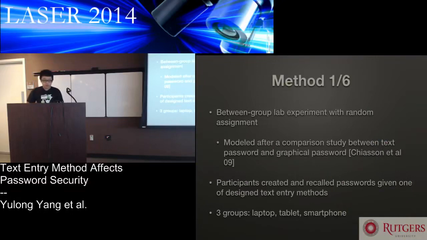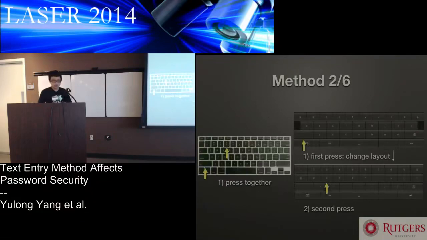So we have 3 groups: laptop, tablet, and smartphone groups. You could see from the name that they are mostly determined by the text-centric method we provided. And next, I'm going to talk about how we designed the text-centric methods in our groups. For the laptop group, which is our control group, we provided a standard laptop physical keyboard.